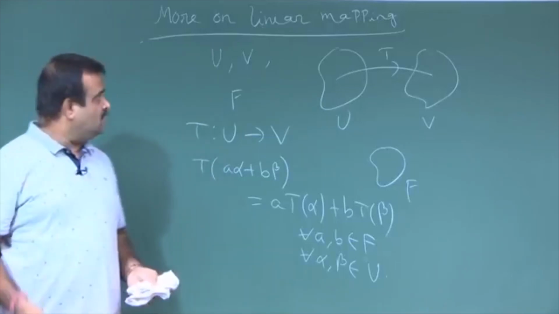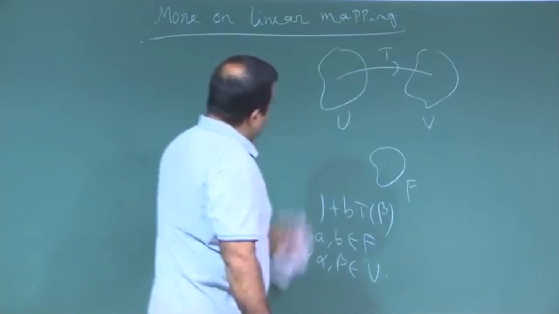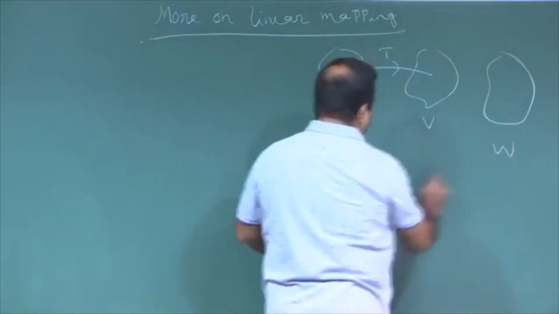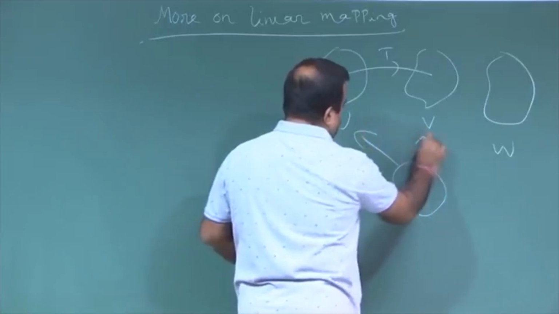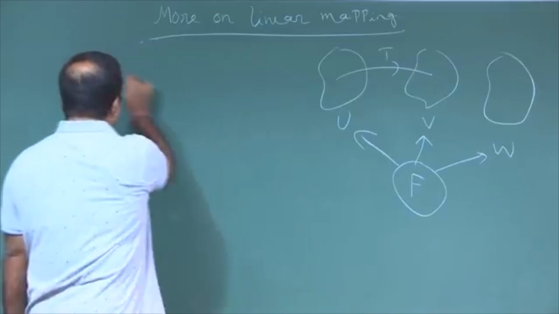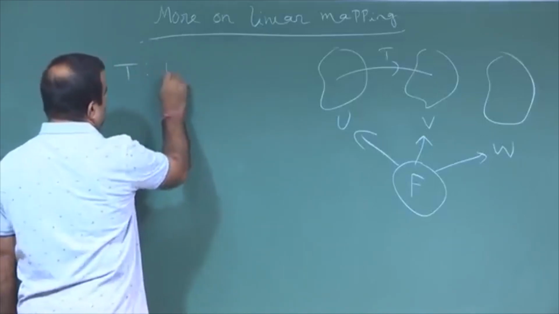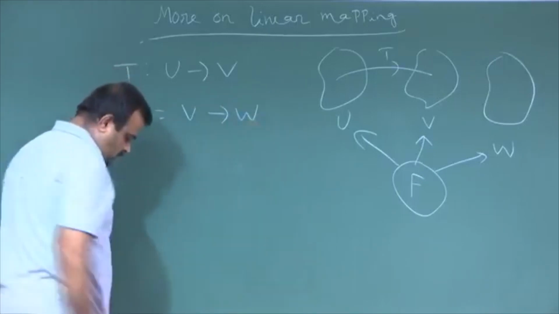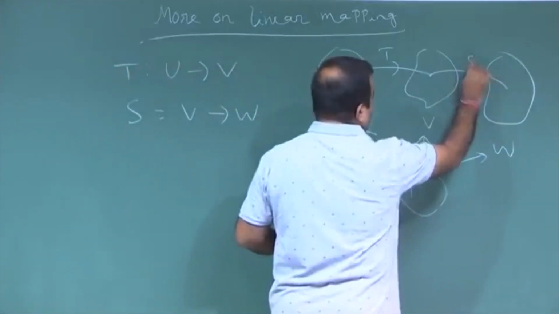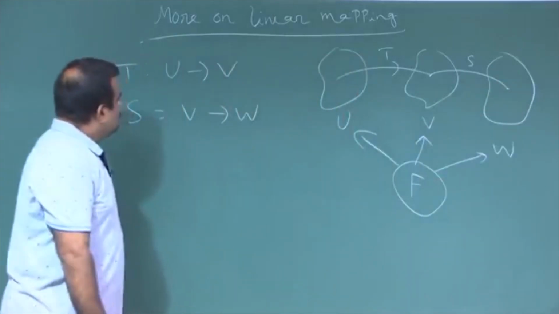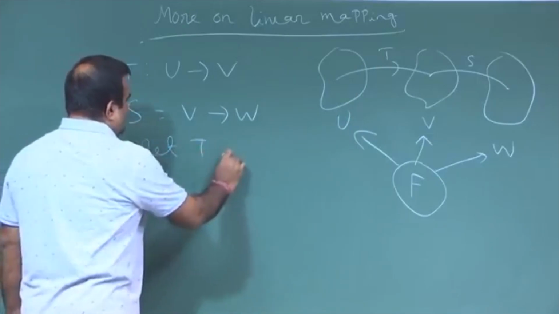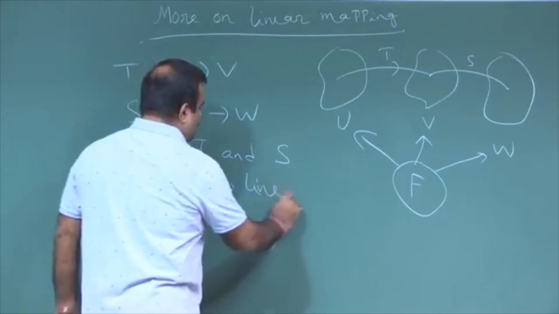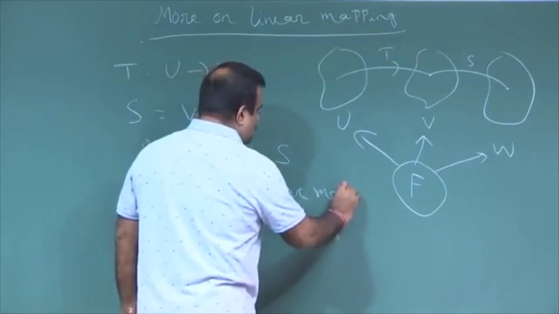Suppose we have three vector spaces U, V, W over the same field F. We have two linear transformations: one is T from U to V, and another one is S from V to W. Let T and S be two linear mappings, or transformations.